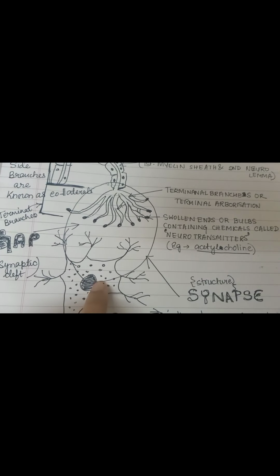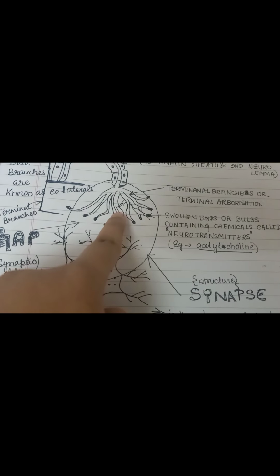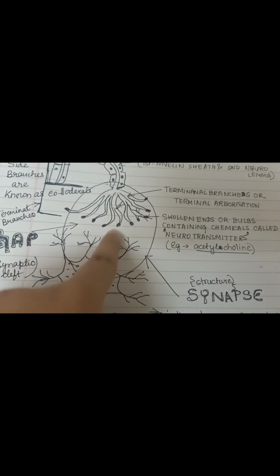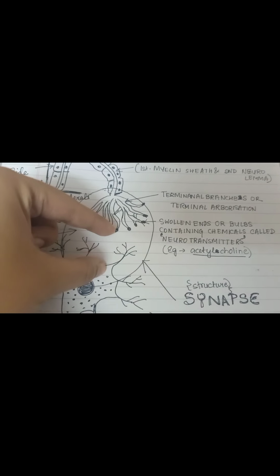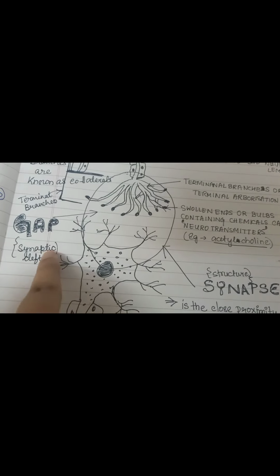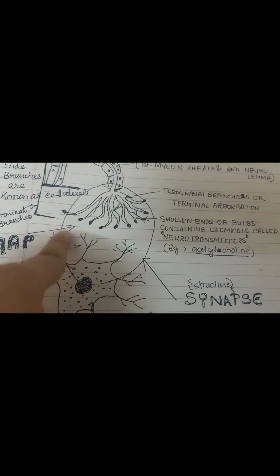The impulse travels across a space. The space is known as the synaptic cleft, but the synapse is the whole structure of it.